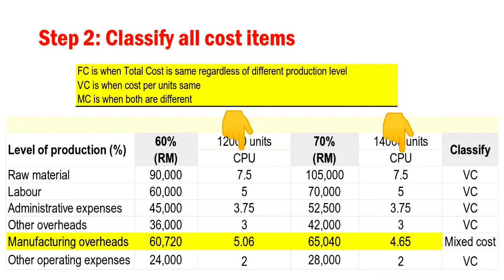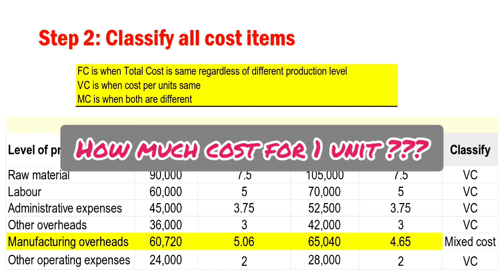In step number 1, we already identified that 60% level of production is 12,000 units and 70% is 14,000 units. So we first calculate how much the cost per 1 unit is.